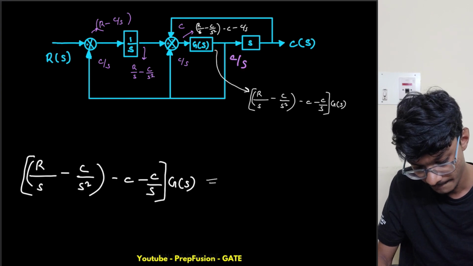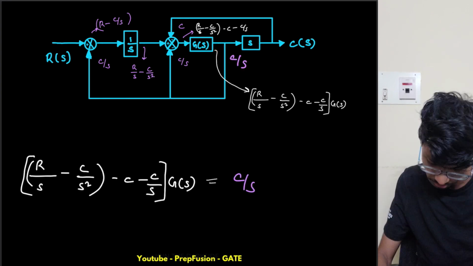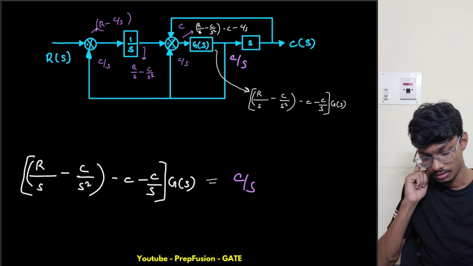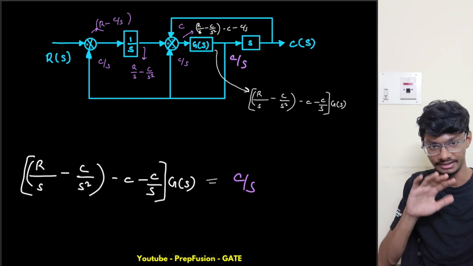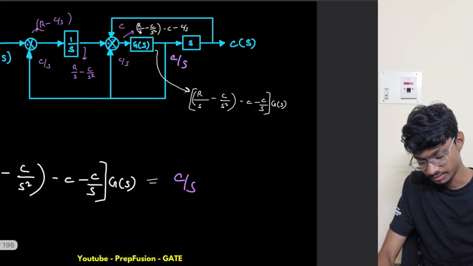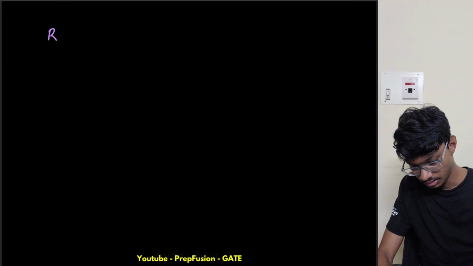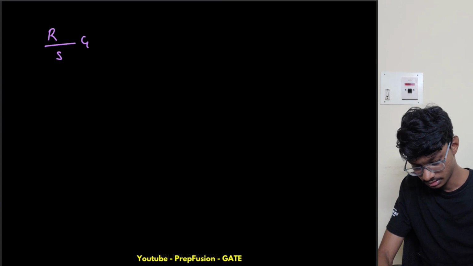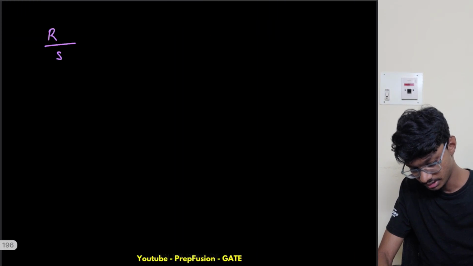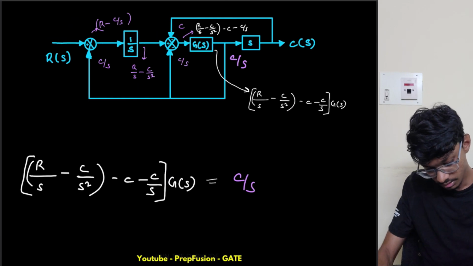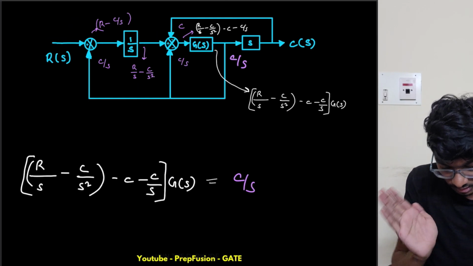So let us solve this equation right now. Solving this is a bit difficult. I will separate R and C times G. I will just simply write G right now, not S. I will take all the C's over there.